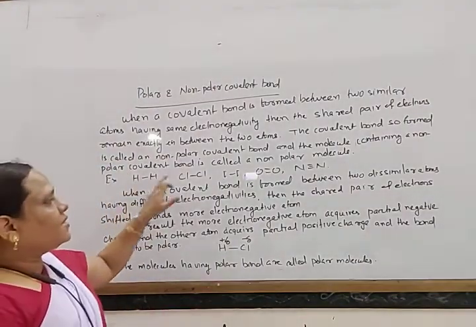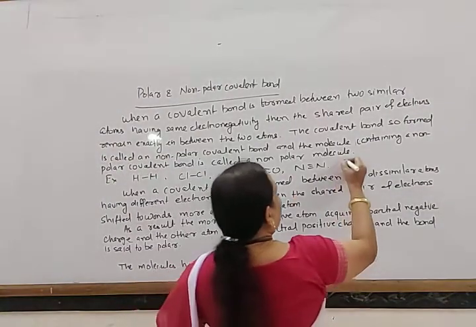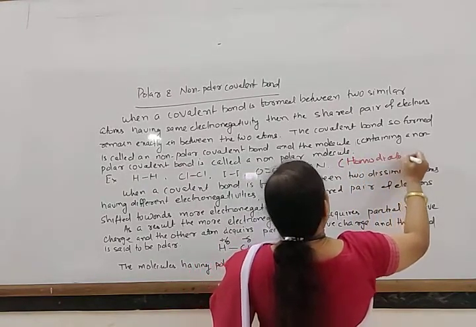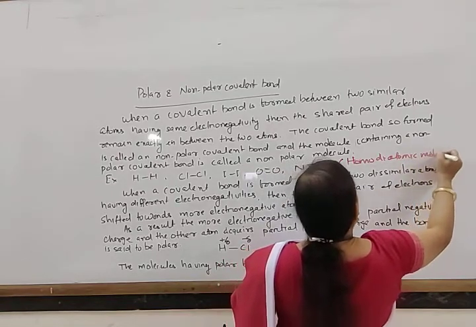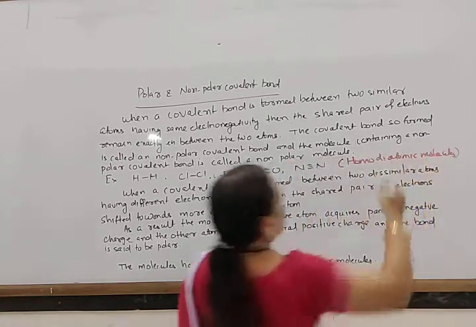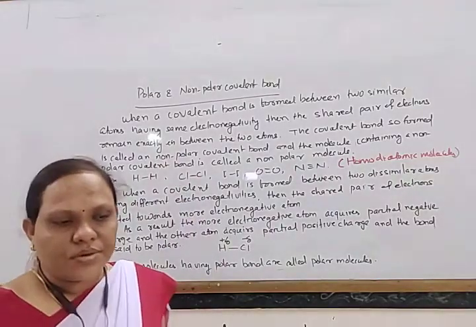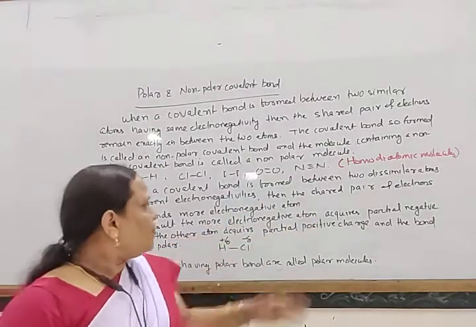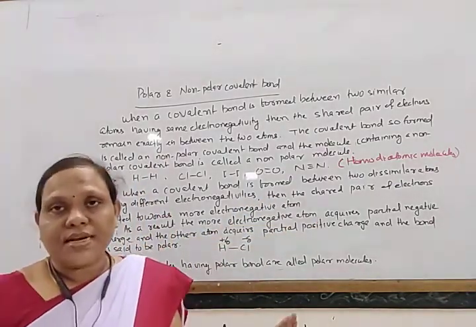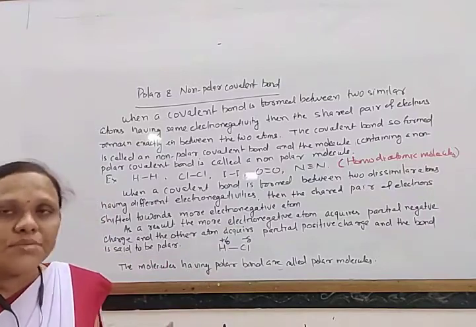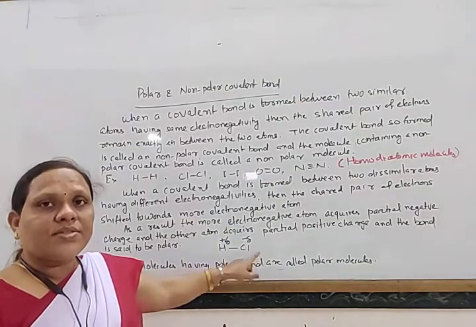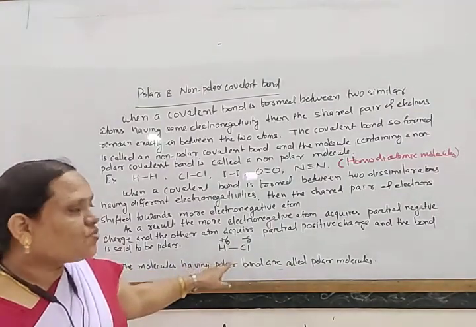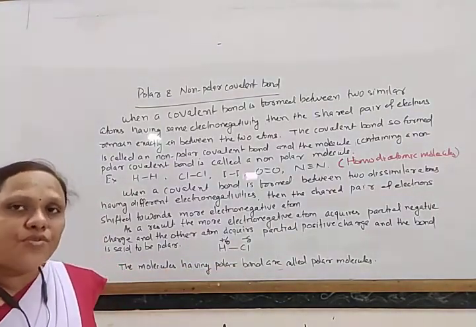All homodiatomic molecules come under this. Next, when a covalent bond is formed between two dissimilar atoms having different electronegativity, the shared pair of electrons shifts towards the more electronegative atom, which gets a partial negative charge, and the other atom gets a partial positive charge. This covalent bond is called a polar covalent bond.